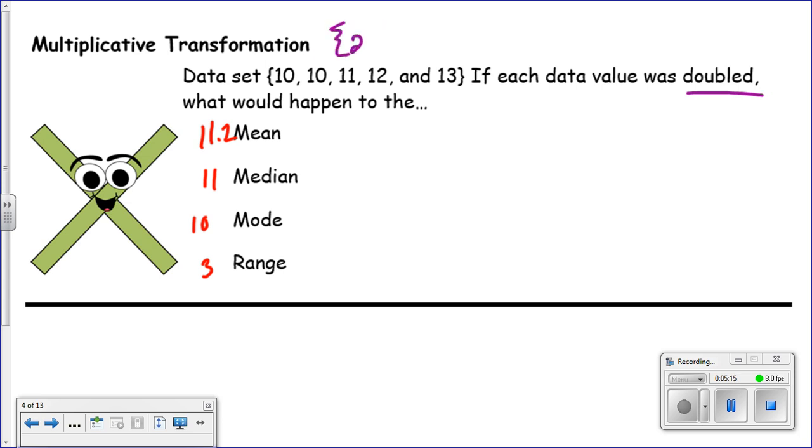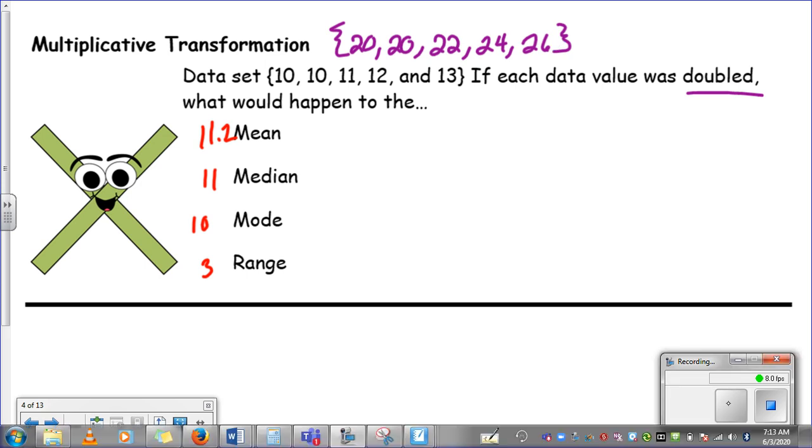Okay, double 10 you get 20, double 10 you get 20, double 11 you get 22, double 12 you get 24, and double the 13 and you will get 26. To find the mean, we're going to add all the numbers up.